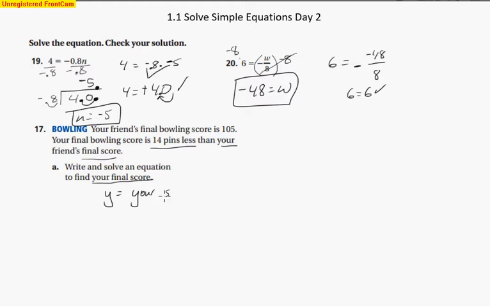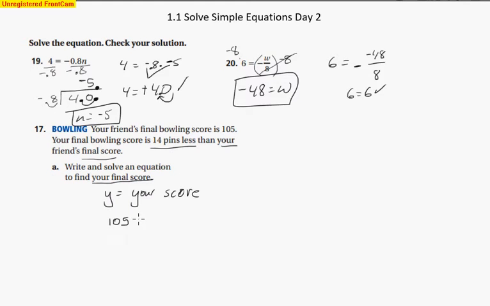So it says that the friend ends up having a 105, and your score is 14 points less than your friend's. And so we're going to start off with your friend's score, 105, and your score is 14 pins less than that 105.